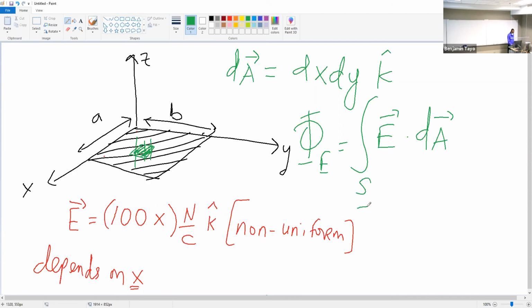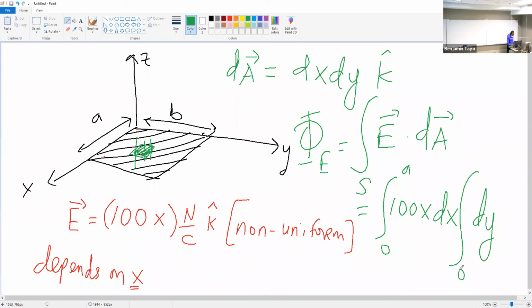Now, by substitution, if you substitute everything here, this is going to be 100x dx dy. Now, this integral, you want to integrate from 0 to a, and then there's one integral that depends on dy that goes from 0 to b.